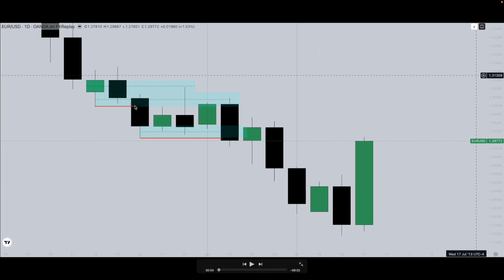So for instance, if we're just looking at this chart right here, you can see that we market structure shift right here, and we came down, and this will be daily. As this goes up into here, I would be looking to manipulate one of those session highs. This could be in London, New York, right?